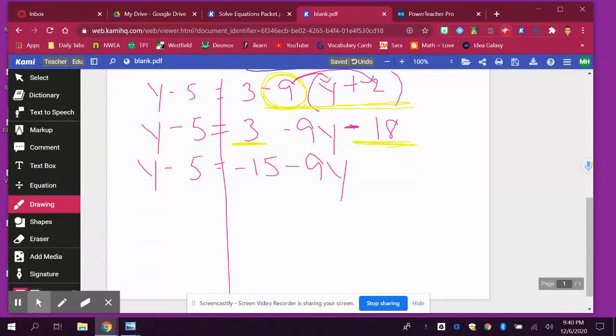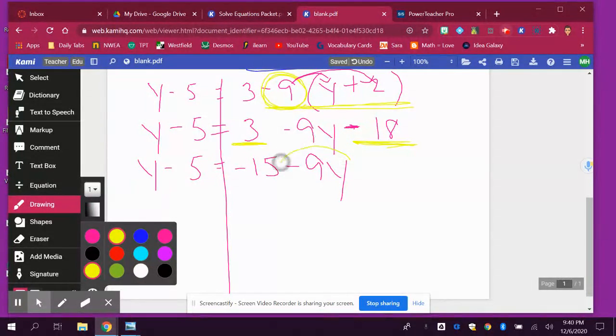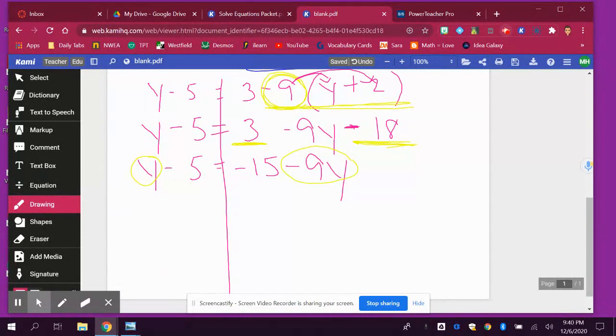Now that I have both sides simplified, I can move my variable terms. I have a negative 9y and a positive y. So I'm going to move this negative 9y by finding the opposite of it.